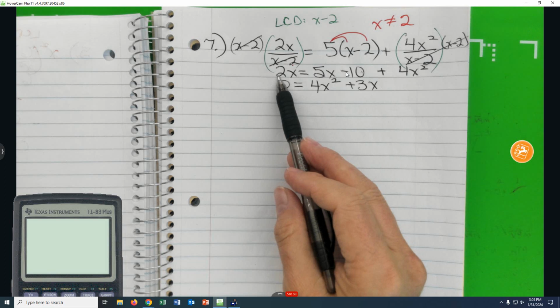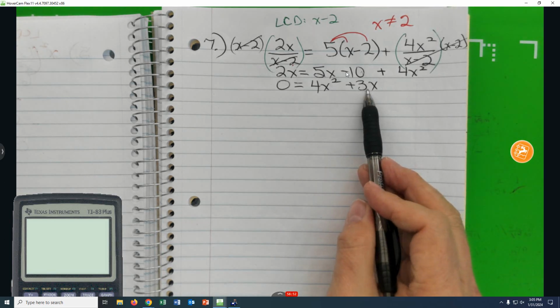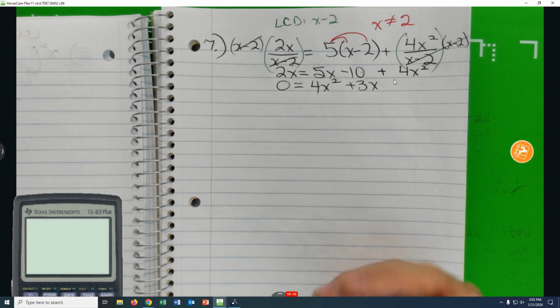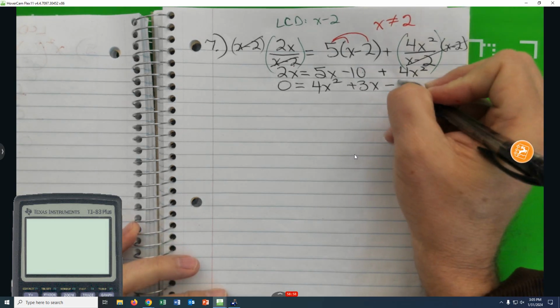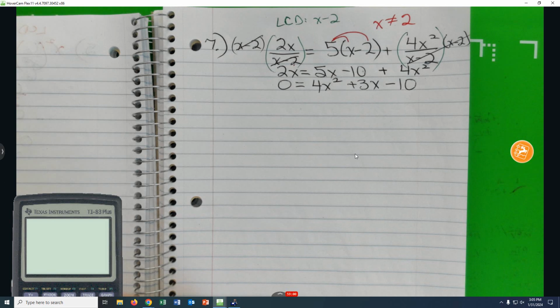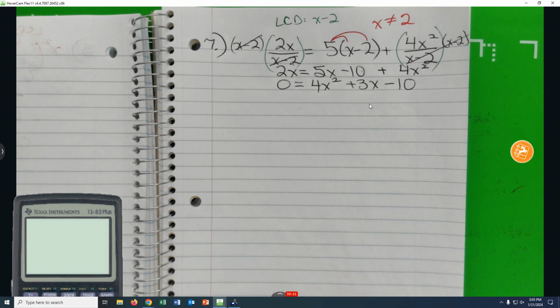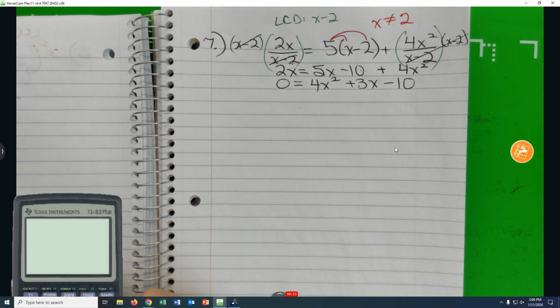What else do I have stuck on here? The minus 10. Like if this 3 had been any even number, I'd divide by 2, but they're not all even, so we're just stuck with 4x squared plus 3x minus 10 equals 0.